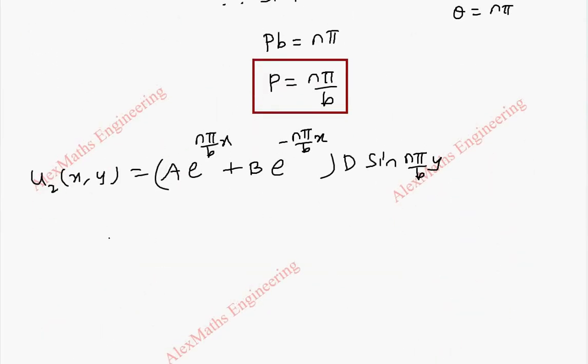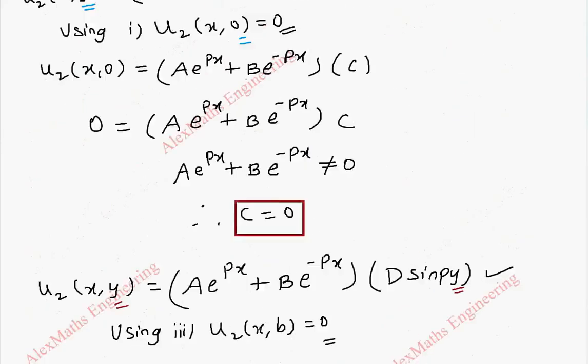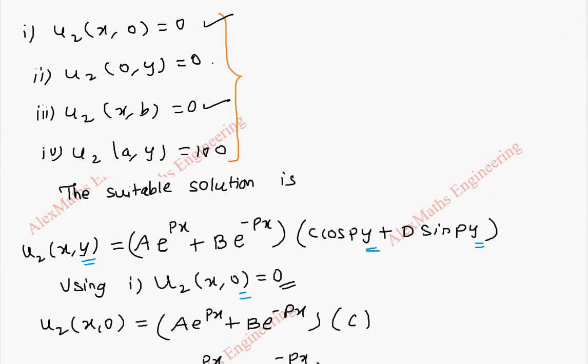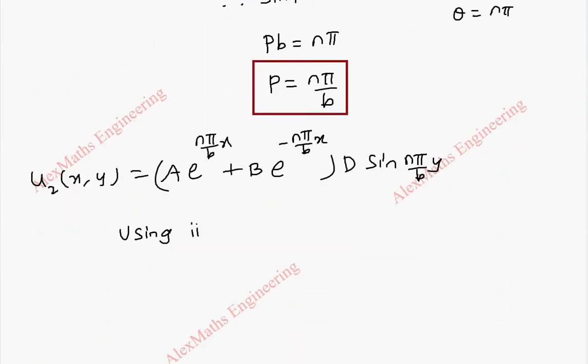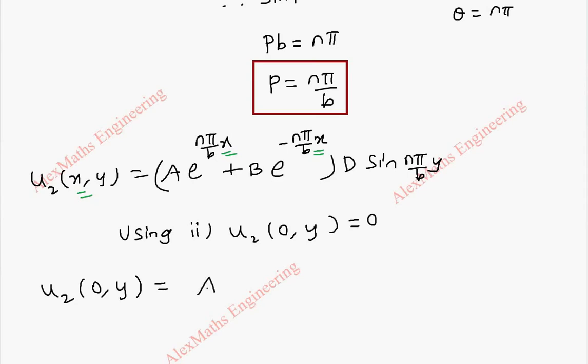Now we are going to use the next condition, the one having 0 as a value, this second condition, u2 of 0 comma y. Using the second one, u2 of 0 comma y as 0, every x is replaced as 0. So u2 of 0 comma y becomes a e power 0 is 1 and b e power 0 is 1.